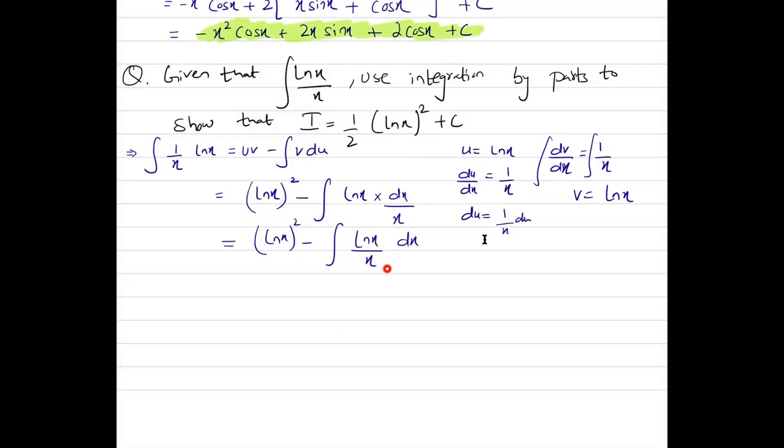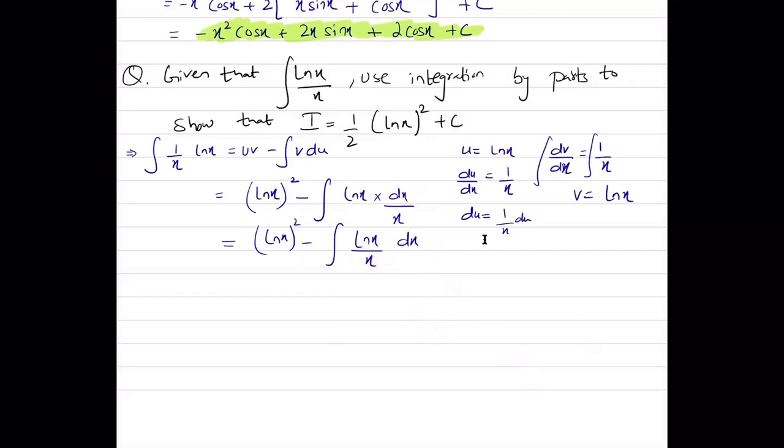Now would you agree that if I go for integration of this, I'm going to get this again and again and again? It's a never ending process, because integration of ln x upon x is going to be the same. Now if I integrate this, it's just going to extend my integration, but it's not going to end. Can you observe that? Yes, sir.